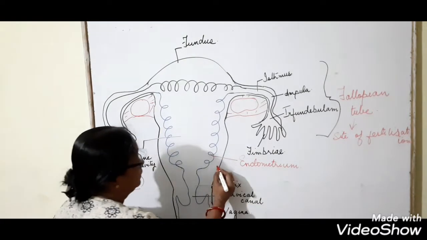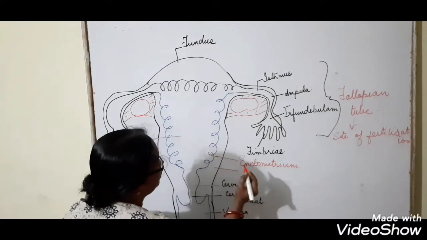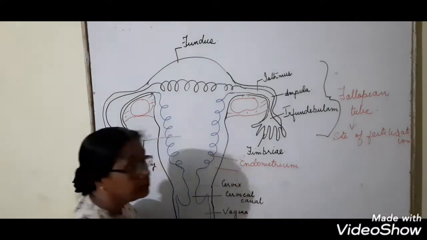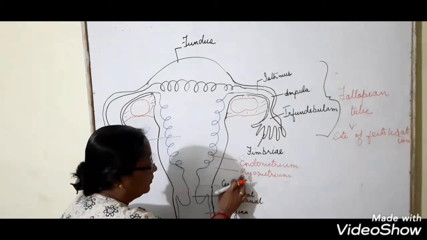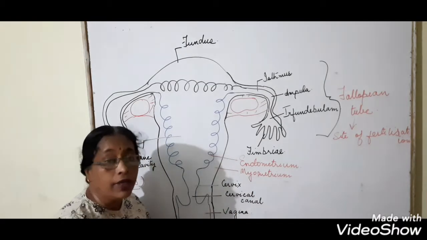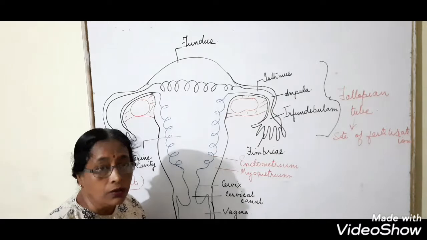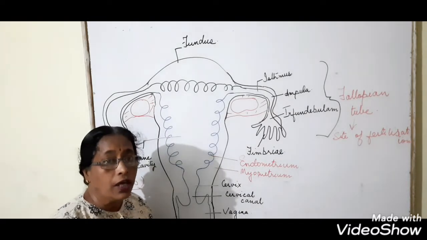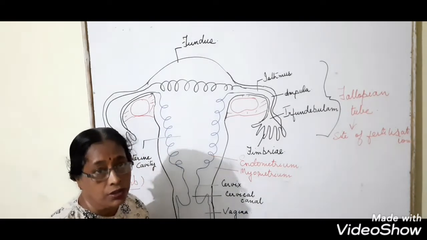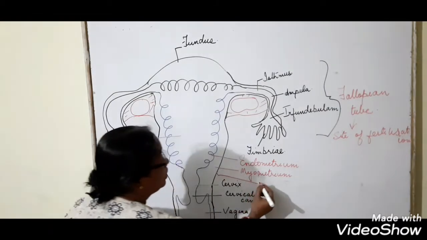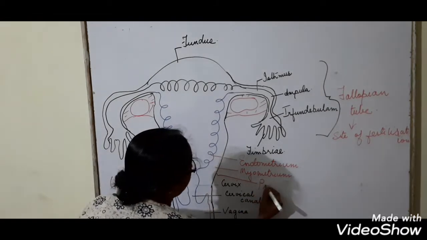Now the middle layer is known as the myometrium. Myometrium is made up of smooth muscles. It undergoes changes and helps in parturition. The outermost layer is known as the perimetrium.